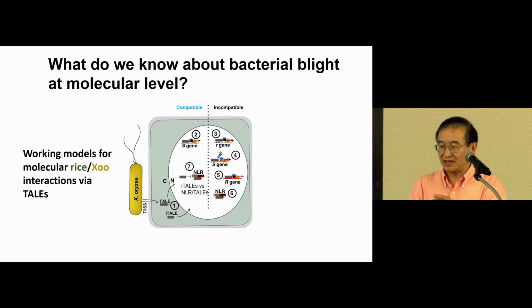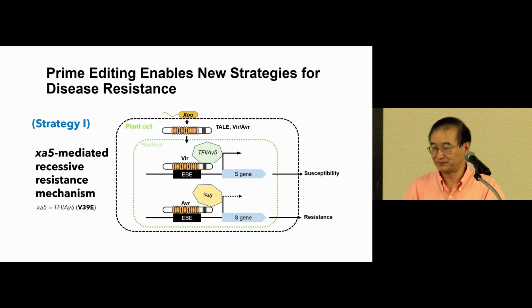And particularly today, I want to focus on two aspects of this interaction, and based on prime editing to do the resistance. So one is based on this xa5 or TFIIA small subunit. There are differences between them, it's just only one amino acid or two nucleotides.